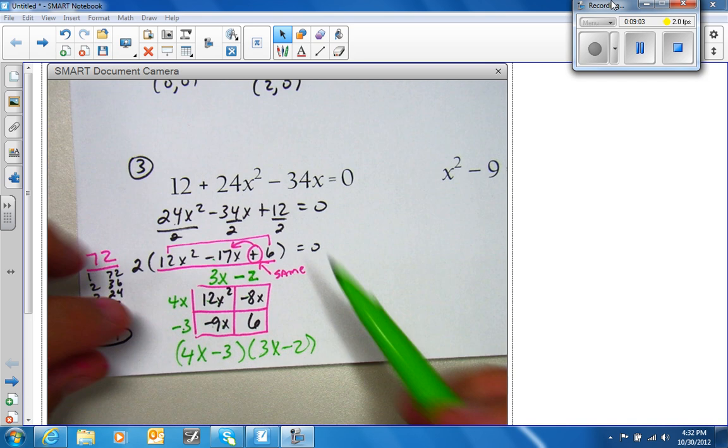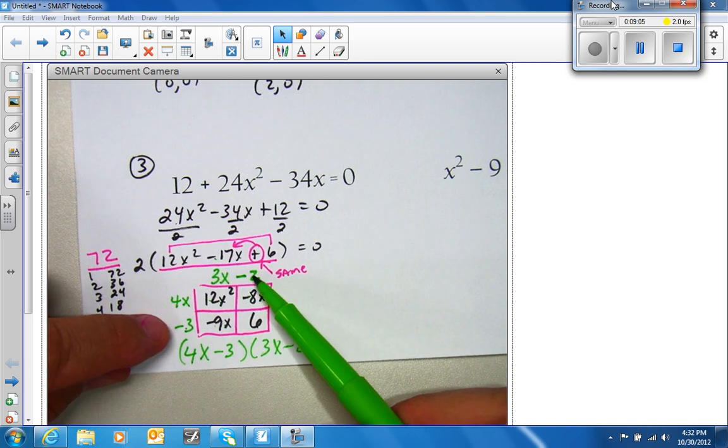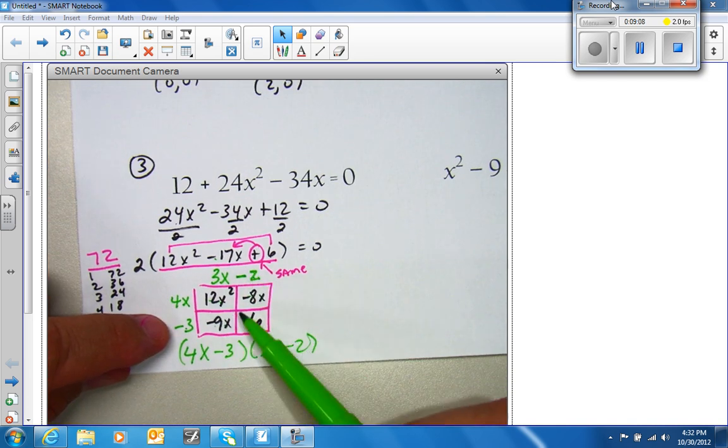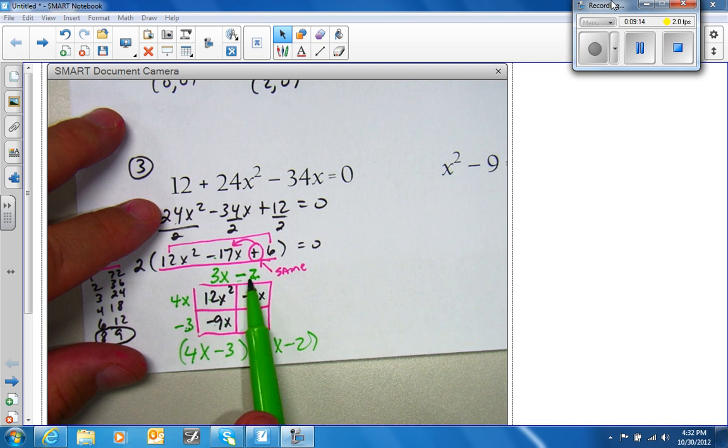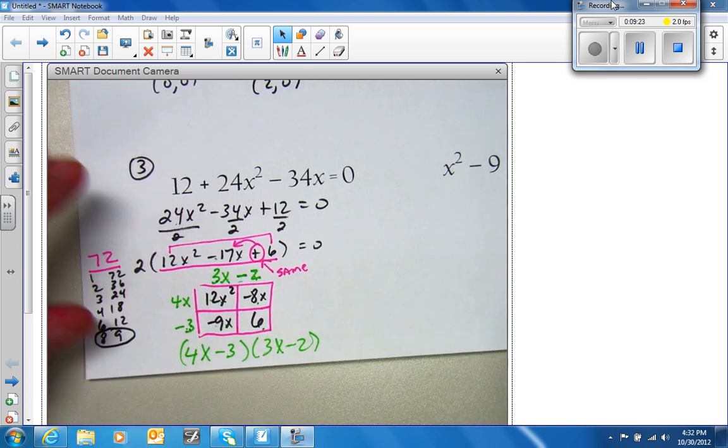So sometimes you have to kind of look at the numbers that are given in order to figure out negative 2 times negative 3 gives me positive 6. And you can double check. Negative 2 times 4x is negative 8x. 3x times negative 3 is negative 9x. So you have those four components. Make sure everything fits together.